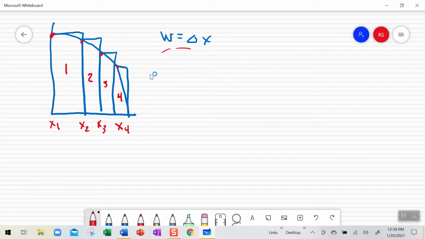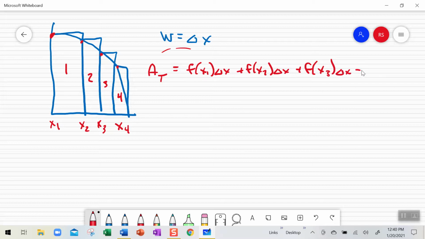And so let's go through and calculate the approximate area again. The area is going to be equal to f of x sub 1 delta x plus f of x sub 2 delta x plus f of x sub 3 delta x plus f of x sub 4 delta x.